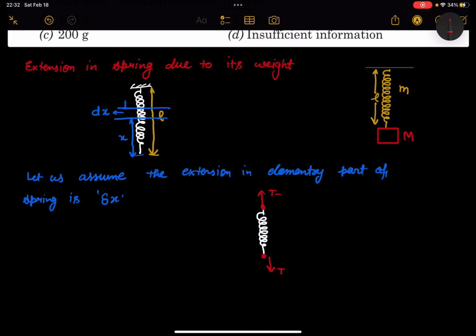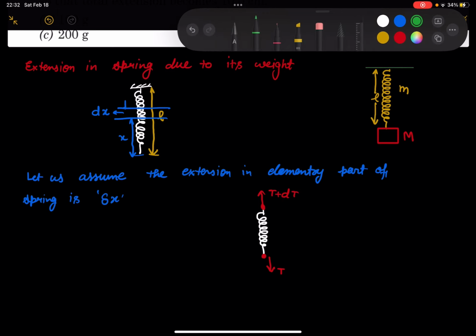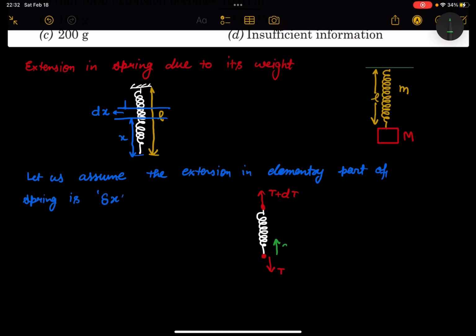At this point, because of its own extension, one force is acting, dk into delta x. So in case of equilibrium, we can write T is nothing but dk into delta x.